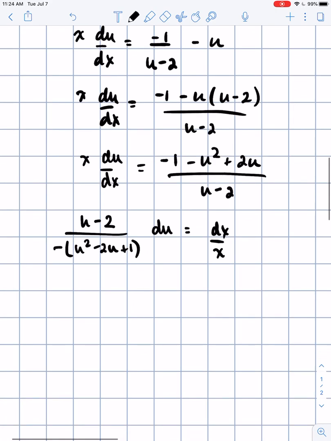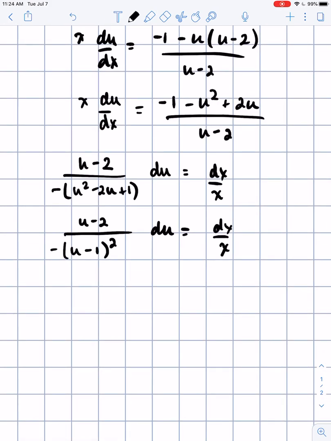Okay, so next step is, let's see if we could simplify this side to make it easier for us. So actually it's going to be u minus 1 squared du equals dx over x.